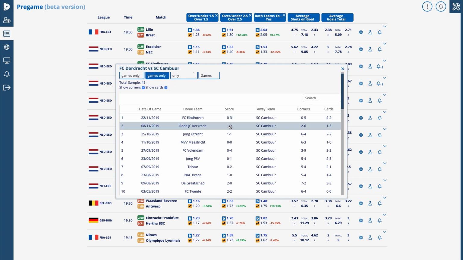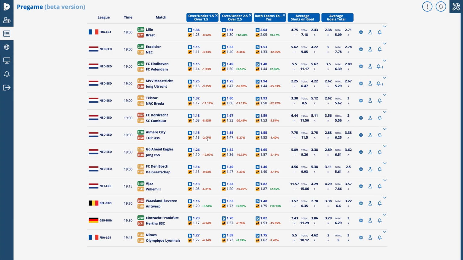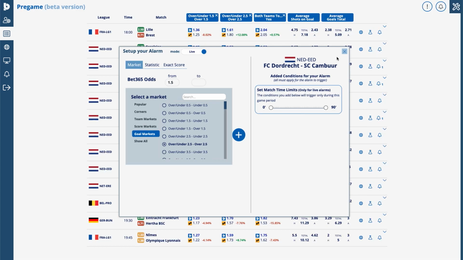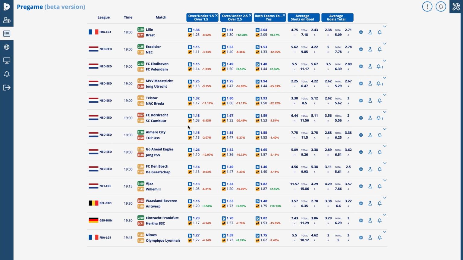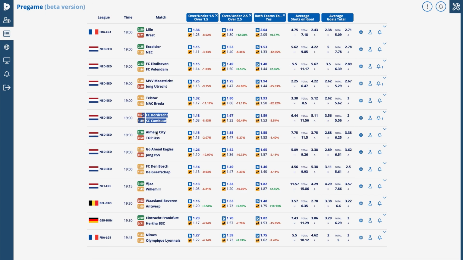Cambuur, we have 1, 2, 3, 4. Okay, so they tend to be over 2.5 between them, although this is not very convincing. Let's set an alarm, although I'm making a note here on the side that my level of confidence for this game is not as high as it should be to enter the game. So when I'm watching the game live, I'll keep an eye and I will make a more informed decision depending on how I'm seeing the match.